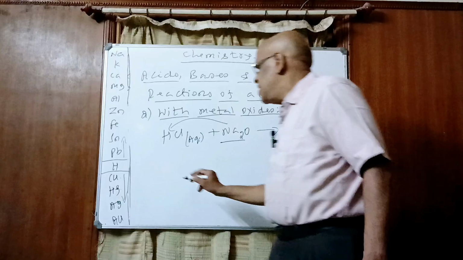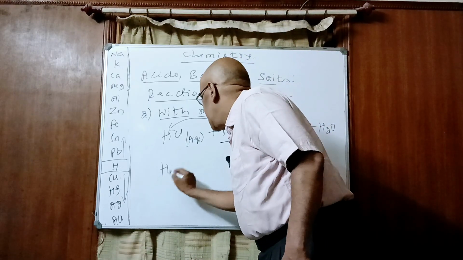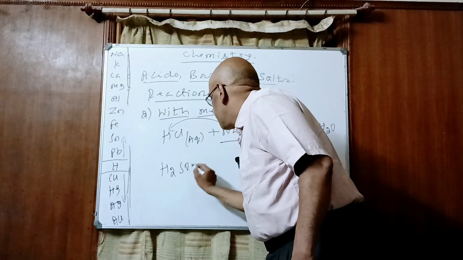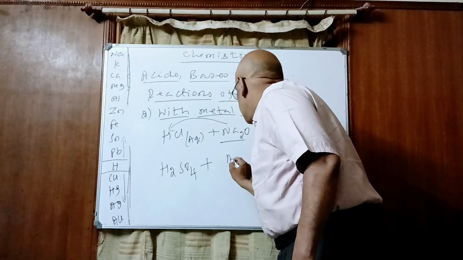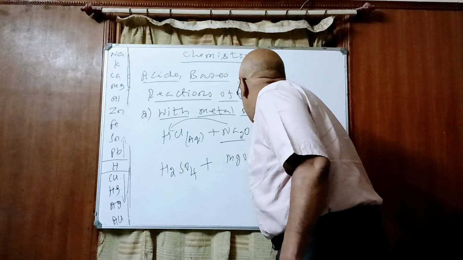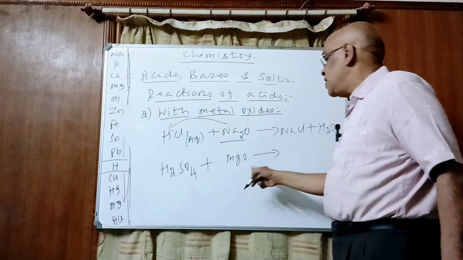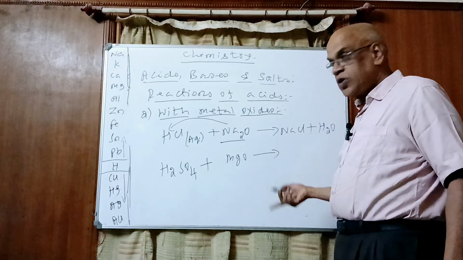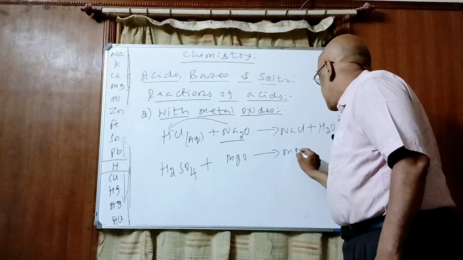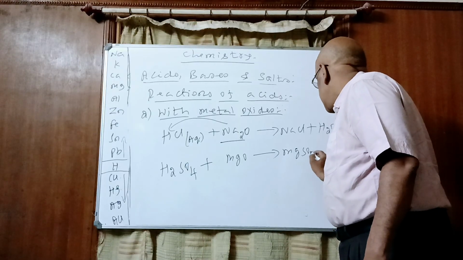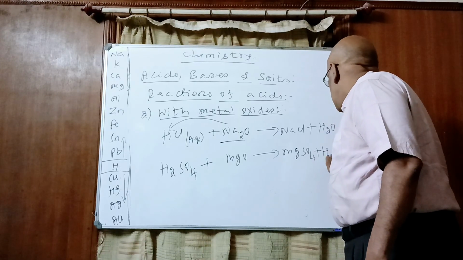Take another acid, H2SO4. H2SO4 reacts with what, children? Magnesium oxide, MgO, because valency of magnesium is 2, oxygen is also 2. So what is the product formed, children? MgSO4, magnesium sulfate plus water.